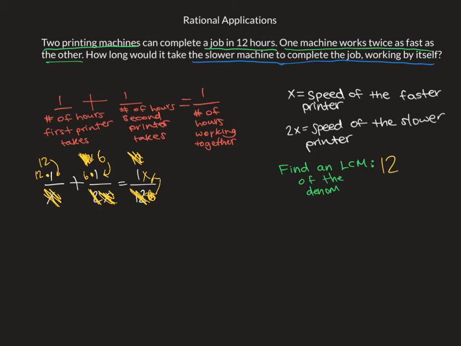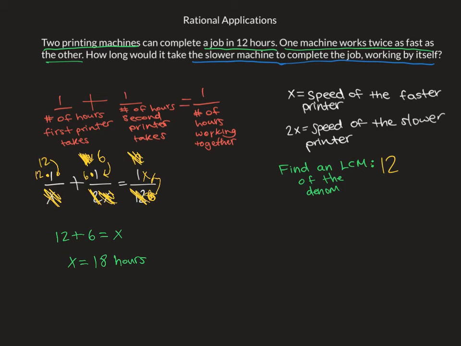So now what's our new equation? 12 times 1 is 12. 6 times 1, plus 6, equal to x. So x is equal to 18. 18 hours. But hold on, it's asking us how long it would take the slower machine to complete the job by itself.